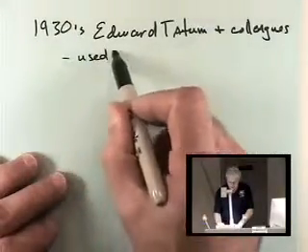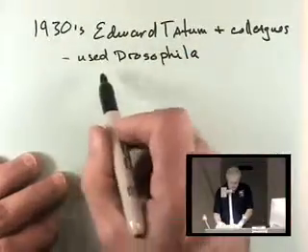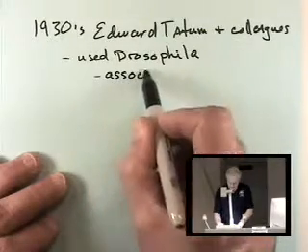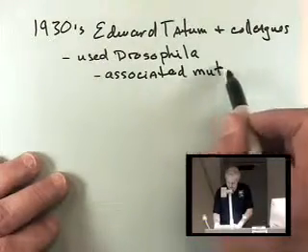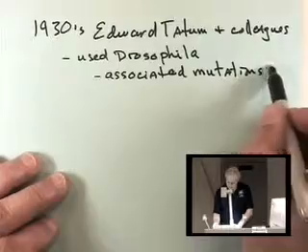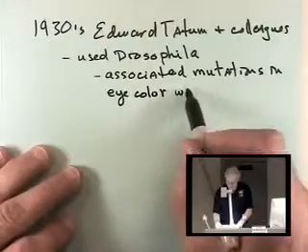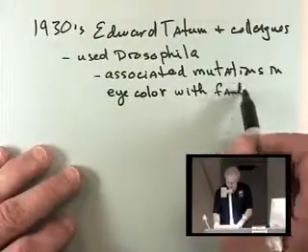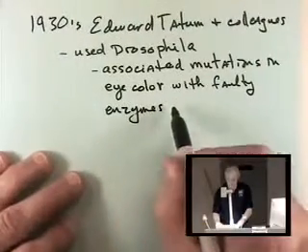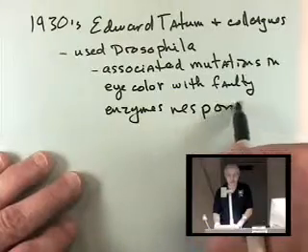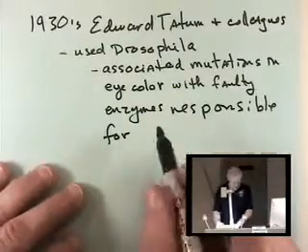First, they used Drosophila, the fruit fly, and what they did is they associated mutations in the eye color, as we had talked about, with faulty enzymes that are responsible for pigment synthesis.